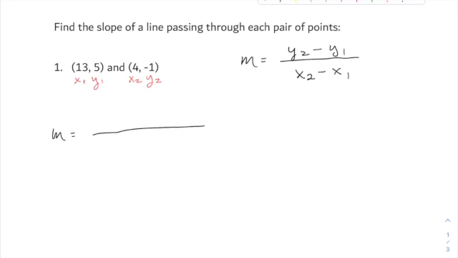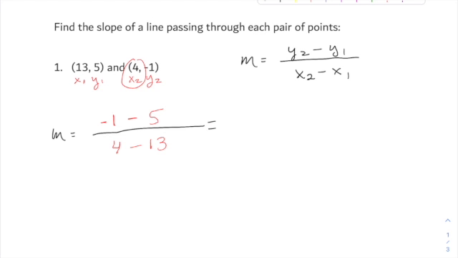The y value y2 is negative 1, minus y1, which is 5, so negative 1 minus 5, over x2, which is 4, minus x1, which is 13.